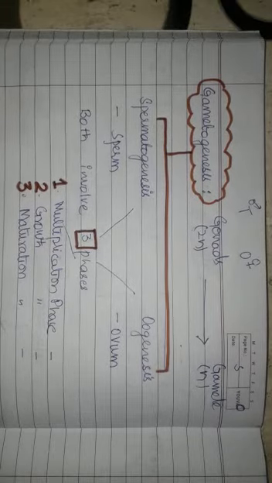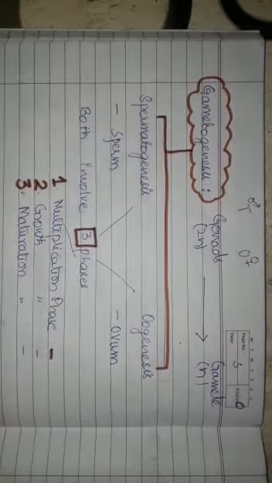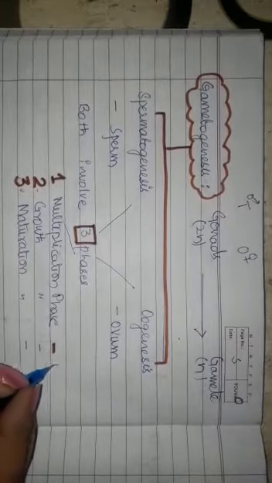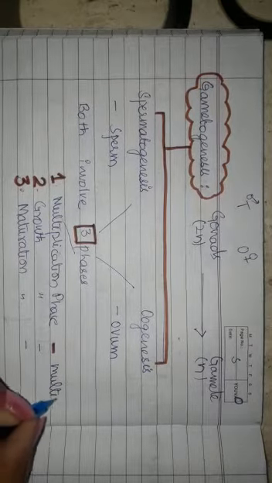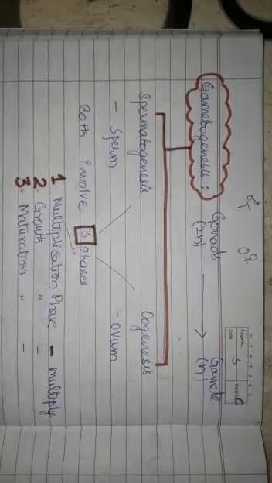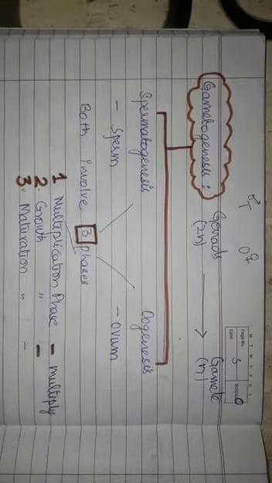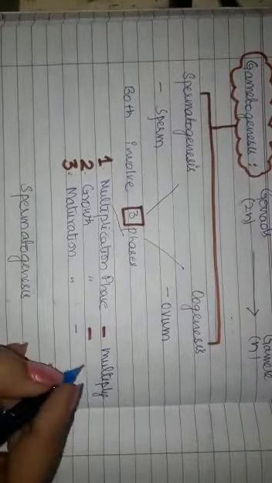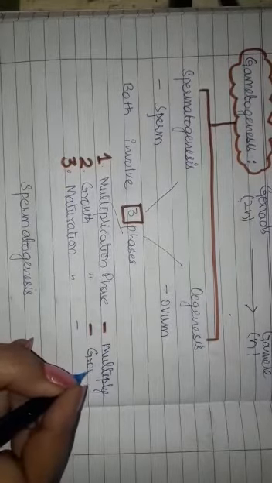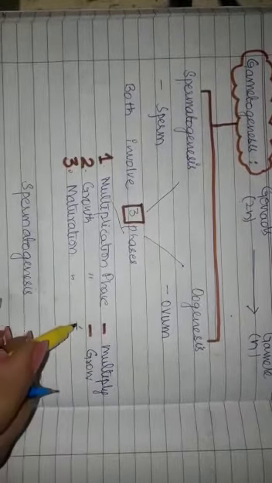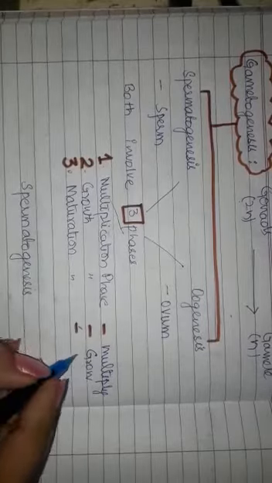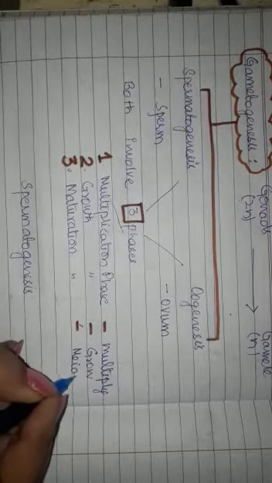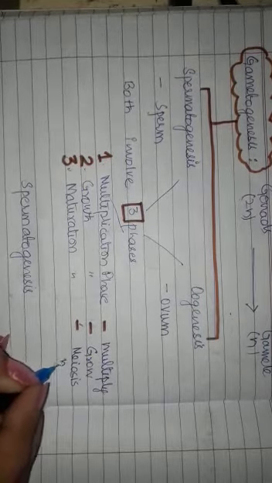In multiplication phase, the cells of the germinal layer multiply and increase in number. In the growth phase, the cells grow in size, they enlarge in size, and in maturation phase, the cells undergo meiosis to produce haploid cells.